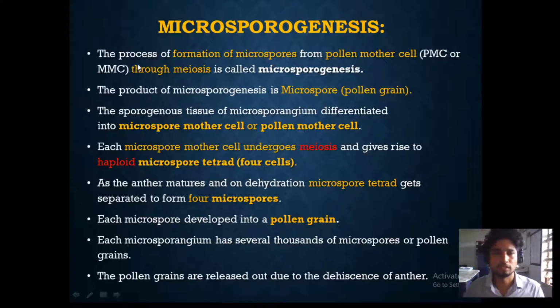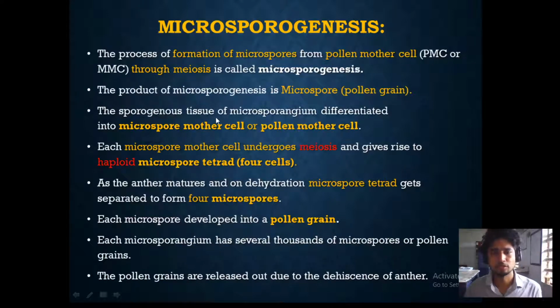Or you can also say the process of formation of microspores from the microspore mother cell through meiosis. You can use either of these two definitions. The product of microsporogenesis is the microspore. Microspore is nothing but the pollen grain, and this pollen grain comes out after microsporogenesis.